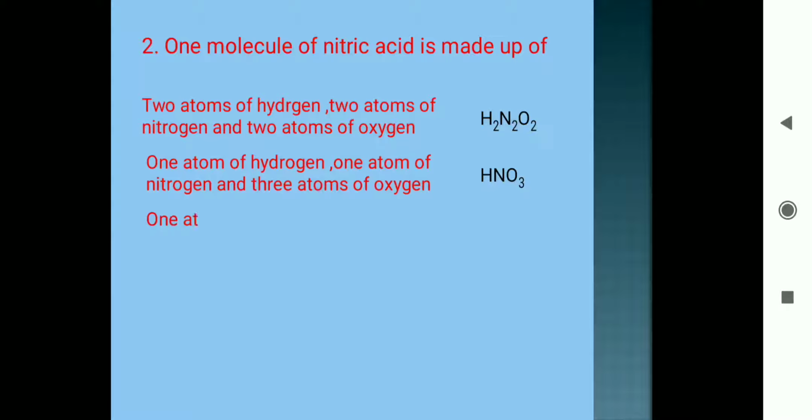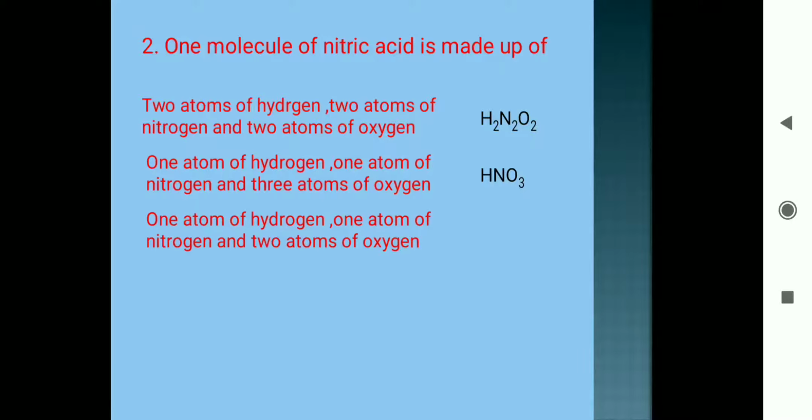Third option, 1 atom of hydrogen, 1 atom of nitrogen and 2 atoms of oxygen. The formula will become HNO2.